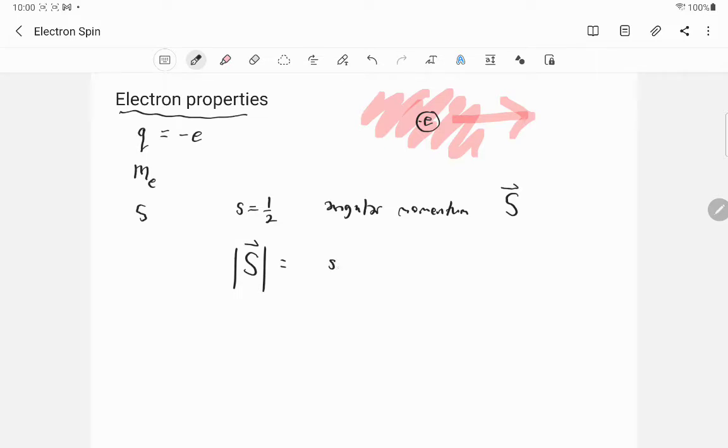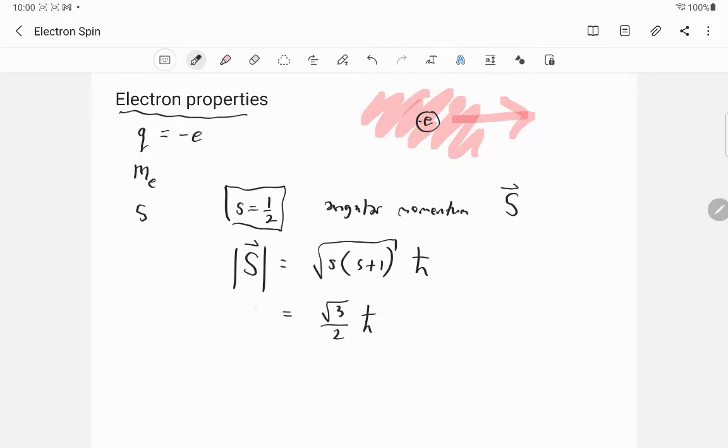It's the square root of S times S plus 1, just like you remember seeing from atomic orbital angular momentum, except that S for the electron is 1/2. So for the electron, you put in 1/2 times 3/2, that's the square root of 3/4, which is root 3 over 2 h bar.